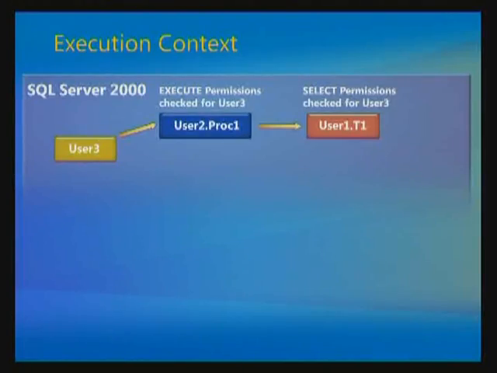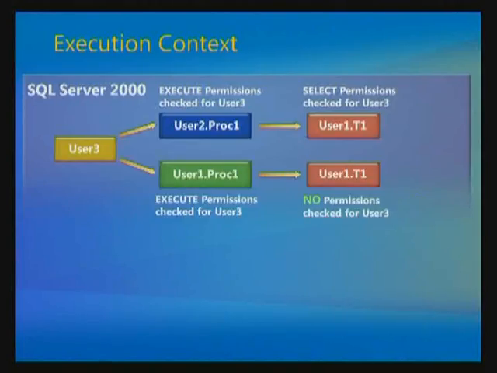So it's undesirable in a lot of cases to have that user have access directly to the table. Now, often the reason you have a stored procedure is to constrain what they're able to do. So alternately, you can arrange the stored procedure and a table to have the same owner. So in this case, the invocation of the stored procedure is the same. We check for execute permission. That check passes. So far, so good. As the stored procedure is running and makes reference to that table, user1.t1, there is no permission check done in that case.